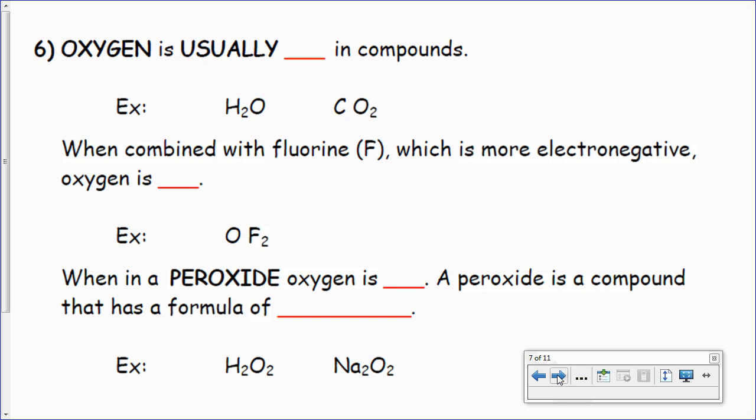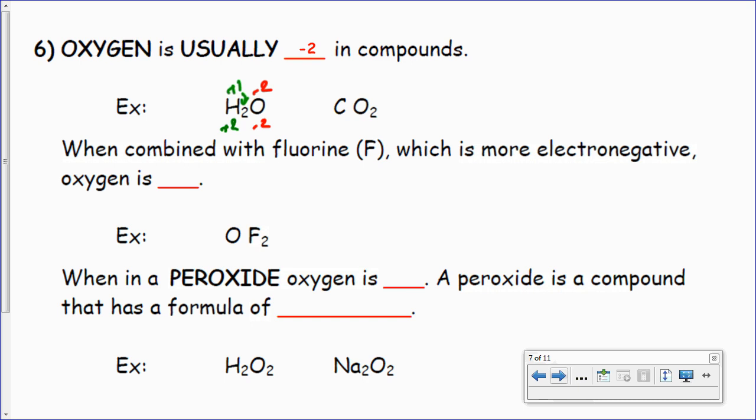Now, rule 6, oxygen's usually -2 in compounds. Again, I've never run into a situation where oxygen's not, unless you're talking about peroxides, and those are pretty rare. So hydrogen, like we said before, is always a +1. Oxygen, so +1 times 2 is +2. So therefore, oxygen in this case has to be a -2 to make a neutral compound.